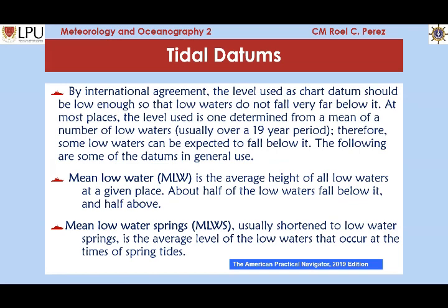So at most places, the level used is one determined from a mean of a number of low waters, usually over a 19-year period. Therefore, some low waters can be expected to fall below it, and some may be expected to fall above it, no?